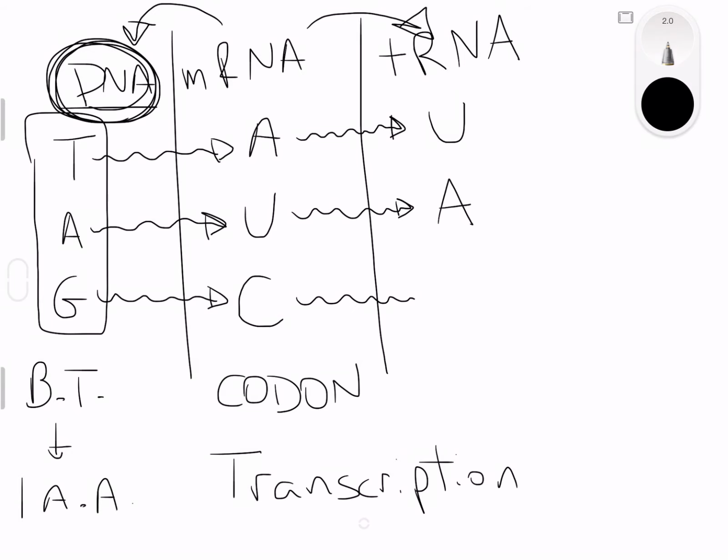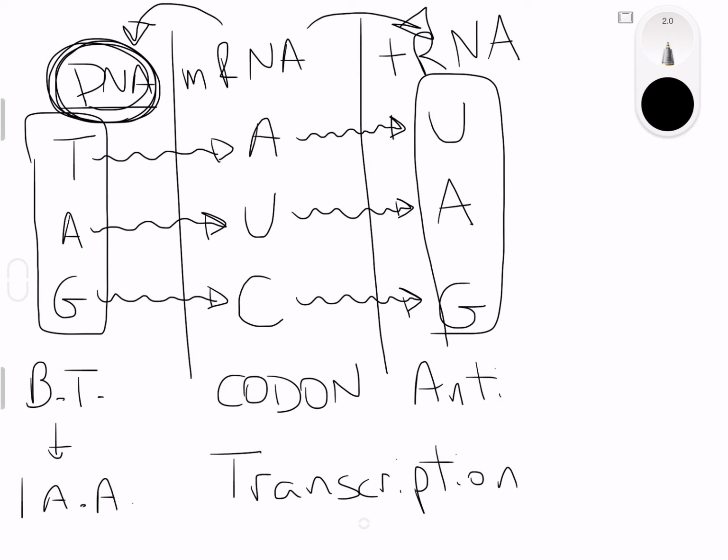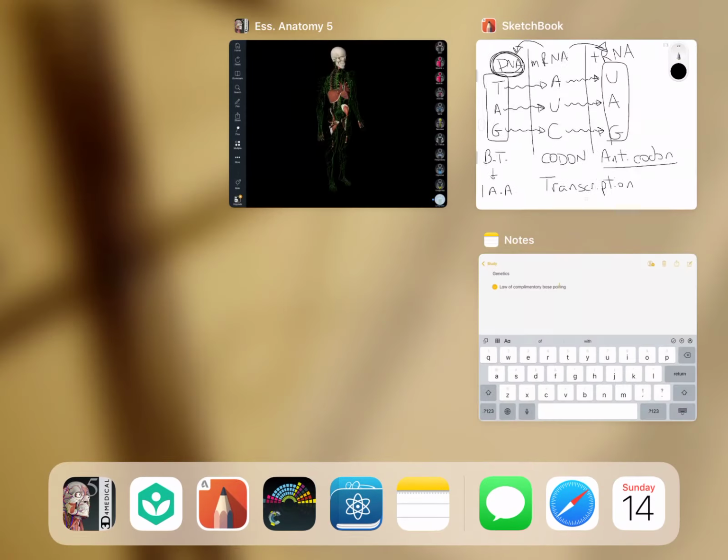It sees cytosine, law of complementary base pairing, guanine. These three are called the anticodon. I hope I'm pronouncing it right. And I'm going to do a little visual of what I think it would look like physically in a cell.